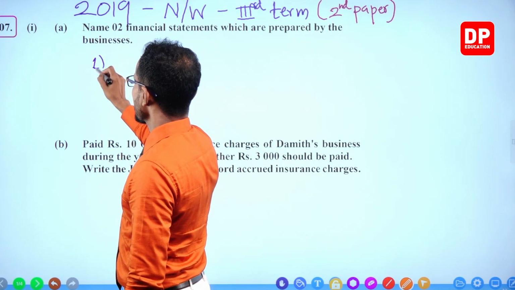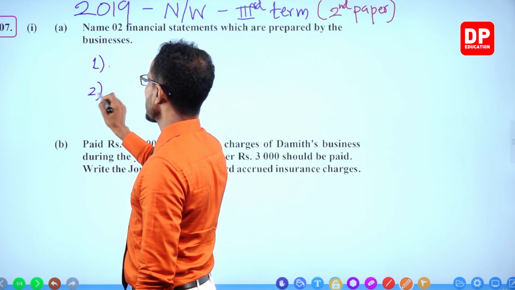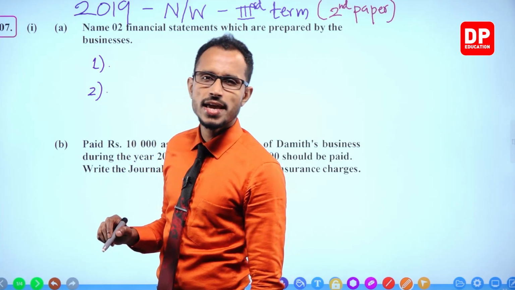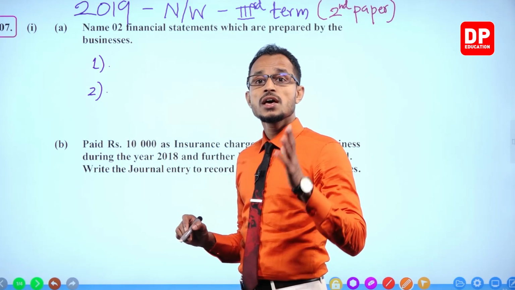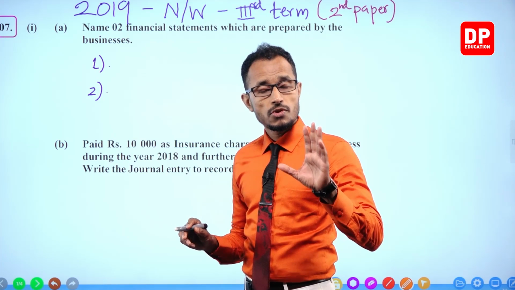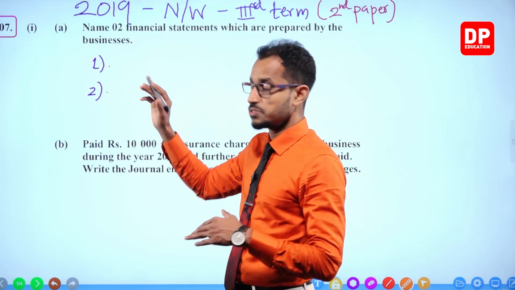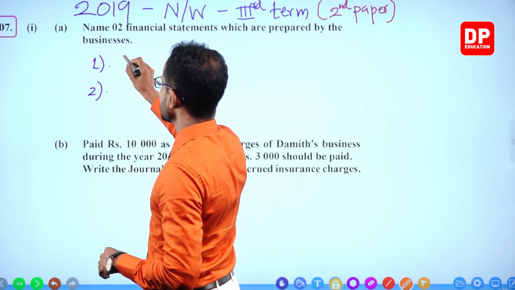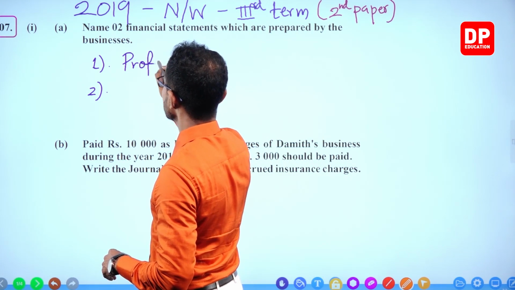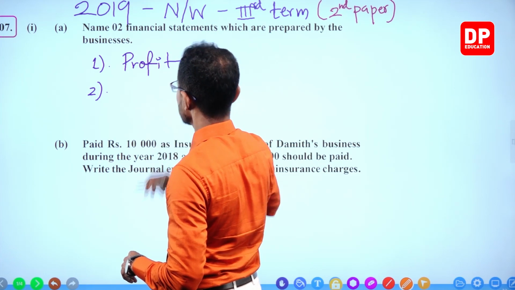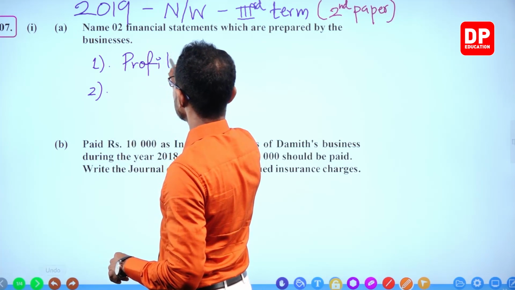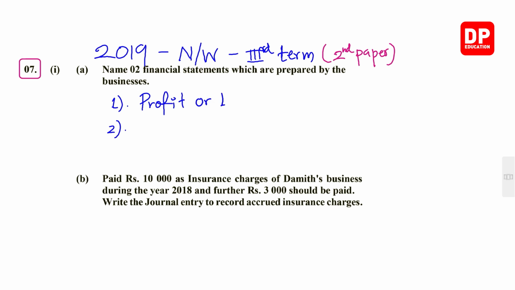Statements are the same, but names are a little different. In profit-oriented businesses, we prepare profit or loss statement and statement of financial position, right? So let's write profit or loss statement. You can always say statement of profit or loss. It doesn't matter.